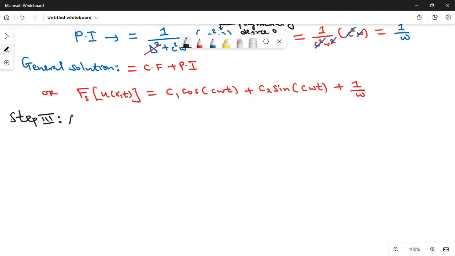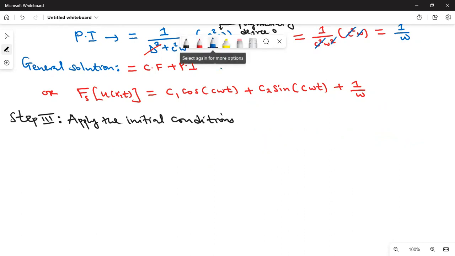Here we now apply the initial conditions. So what is the first one? We are told u(x,0) is equal to 0. So the first condition is that u of x,0 is equal to 0.